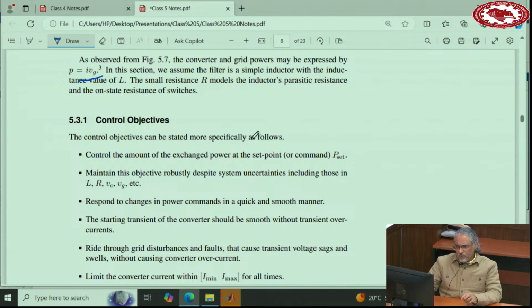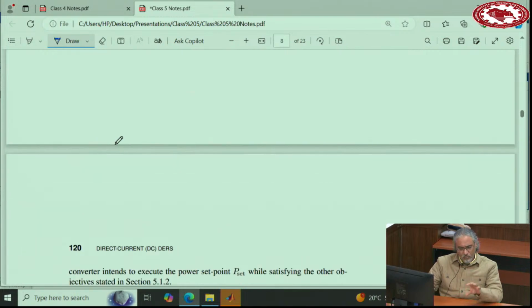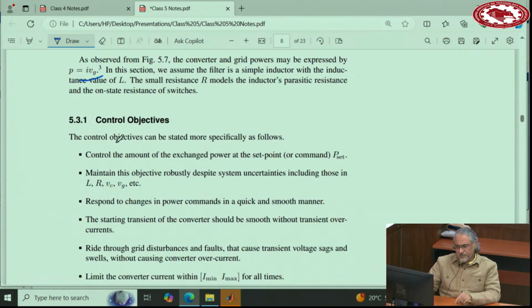Okay, so now let's redefine the control objectives in this problem in a more specific way. We want to control the amount of power to be equal to P set. Okay, and we want to maintain this objective robustly.